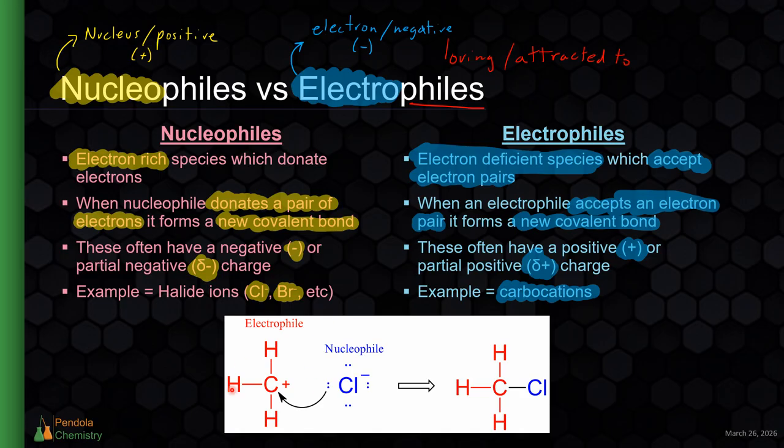The electrophile, which is positive or partially positively charged, is going to accept electrons, which we show by a curved arrow, from the nucleophile, which has extra electrons, usually lone pairs, and usually a negative charge. And they're going to create a new bond, shown here in black, forming a new molecule. So those are just terms that we use for the different parts or molecules in an organic mechanism. That's it.